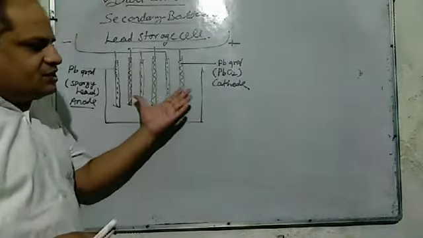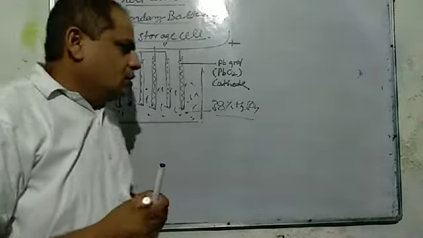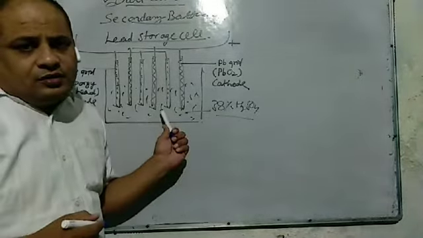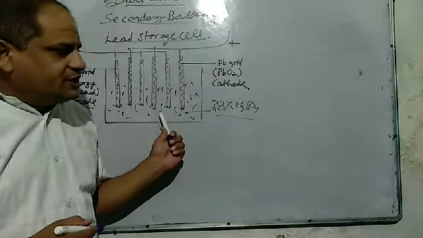38% H2SO4 is taken as electrolyte. When this secondary cell or lead storage cell is in use, the following discharge reaction occurs, or reaction during discharging of the cell.